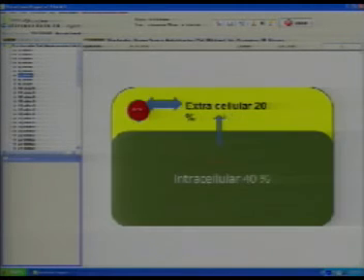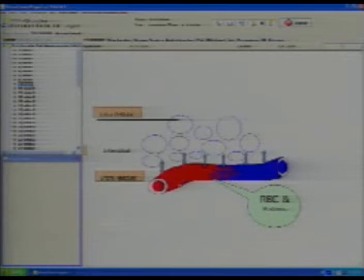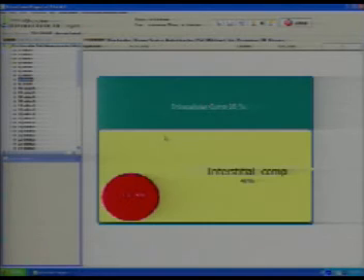Imagine you have the intracellular compartment, and between this and the intravascular compartment, this is the adult value, whereas this is the pediatric value.